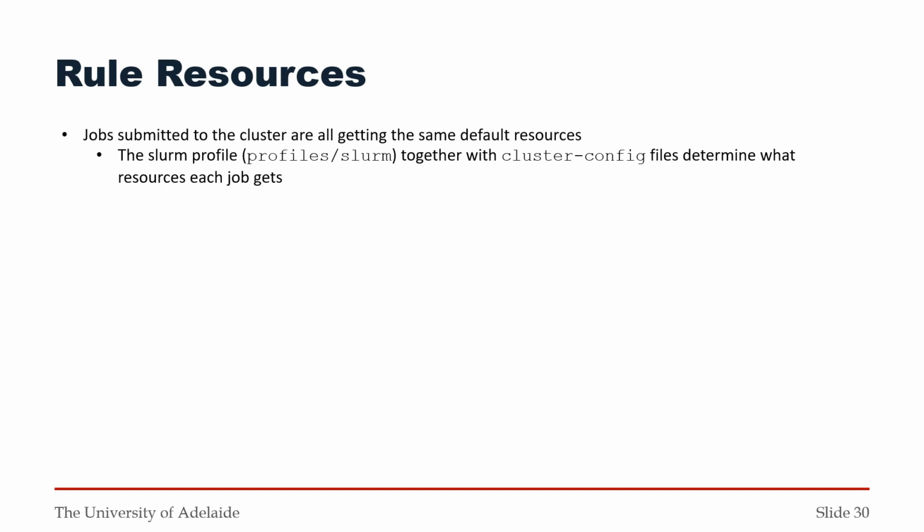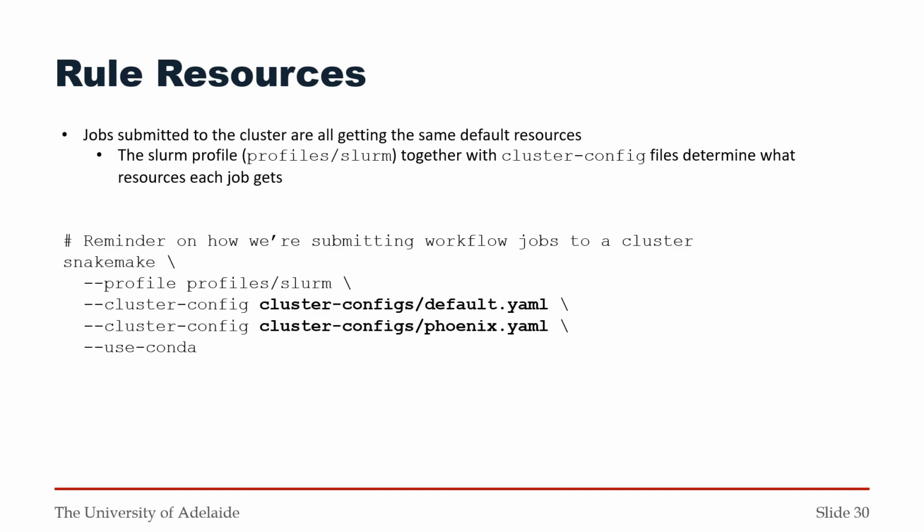So distributed in the repository is this Slurm profile and a bunch of cluster configuration files, and together they determine what resources each job will get when it's submitted to Slurm.